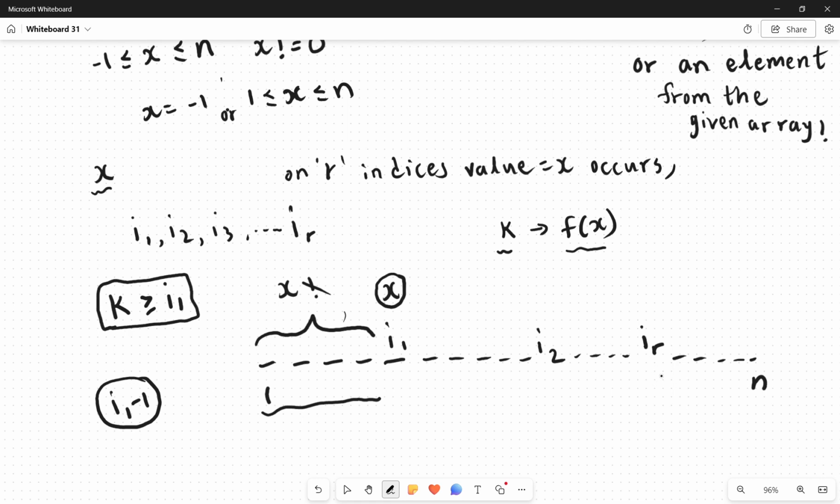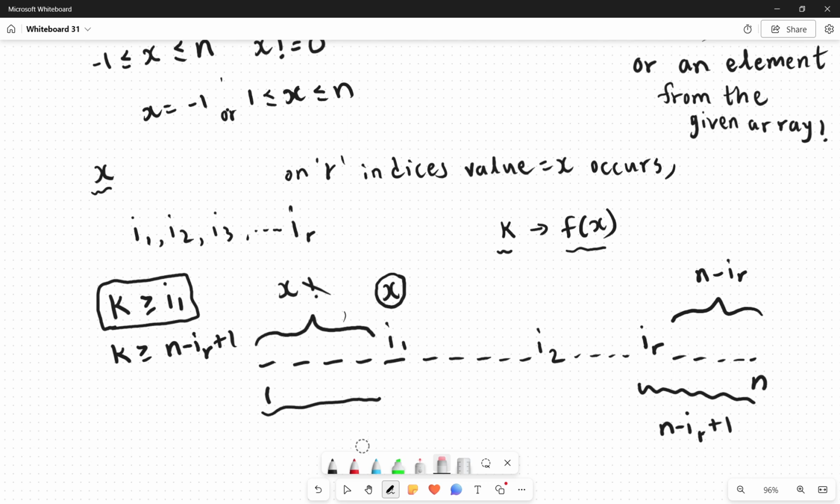Similarly, my k should be greater than or equal to n minus iR plus 1, since the whole part containing iR is of length n minus iR plus 1.